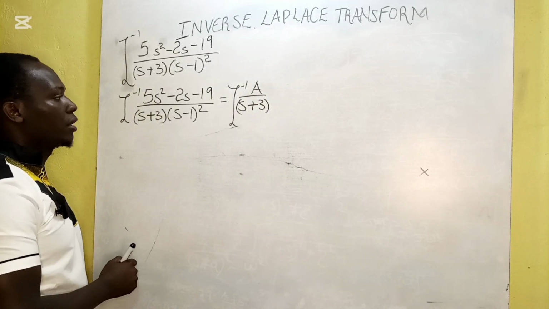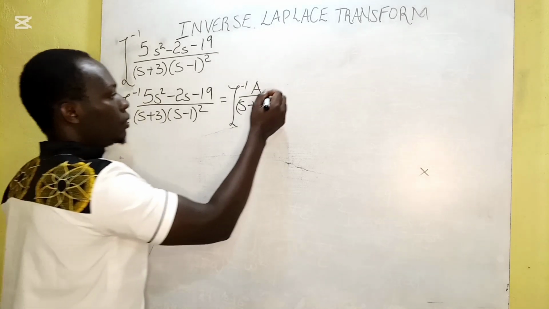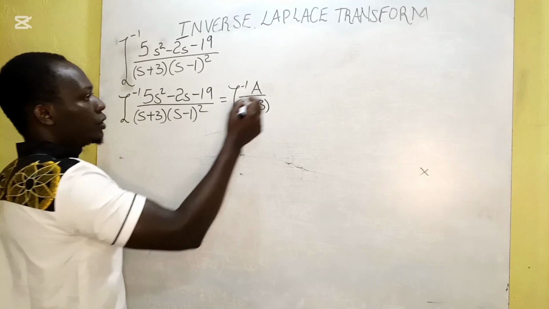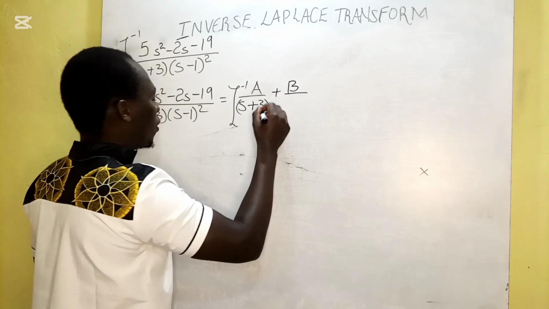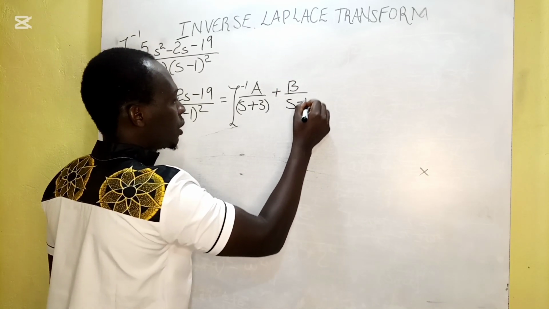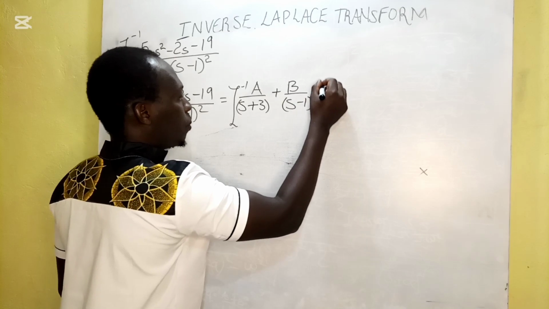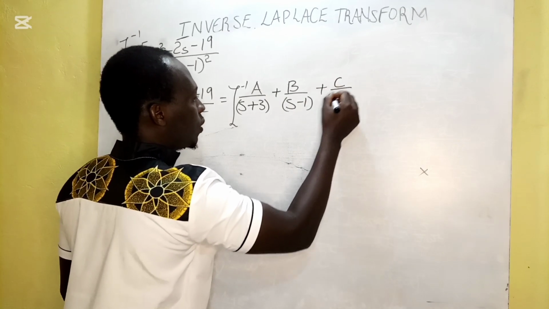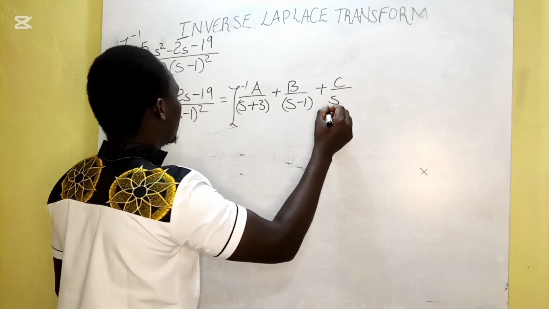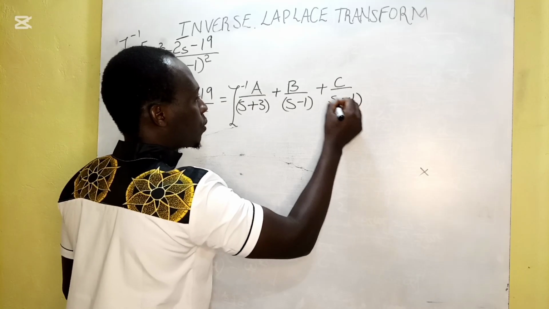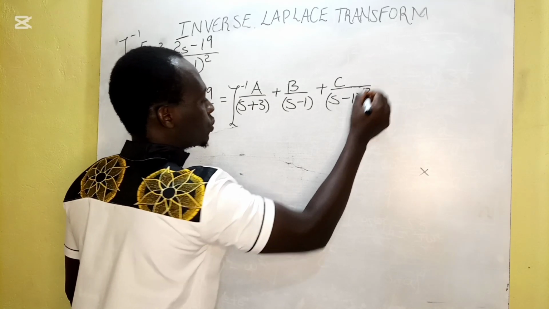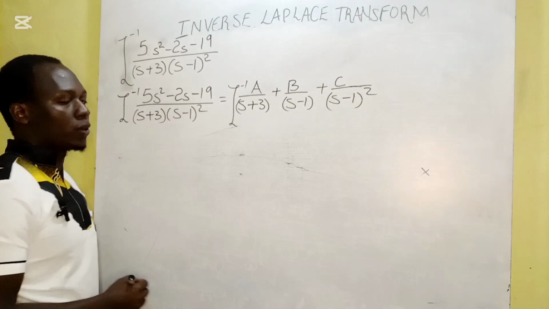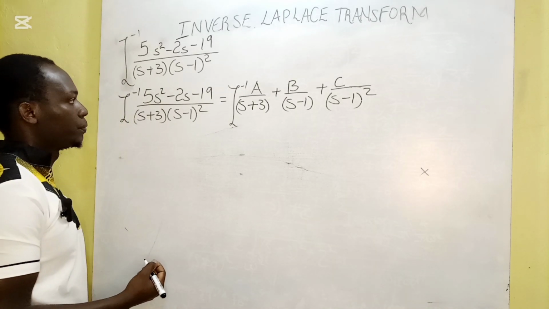Here we have a repeated root, and now we are going to have plus B all over (s − 1) plus C all over (s − 1)². That is on the repeated root.